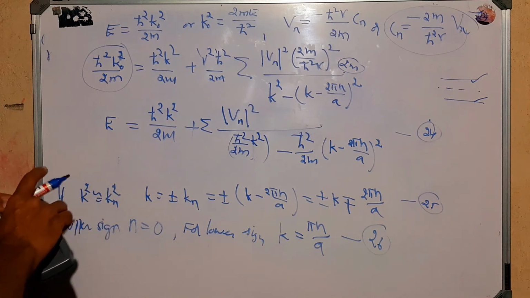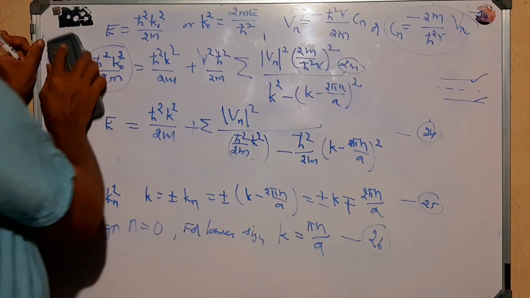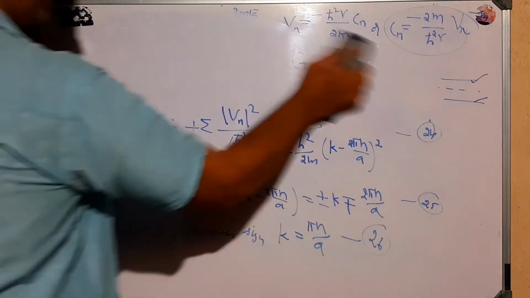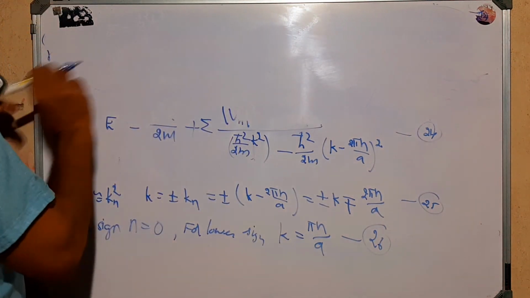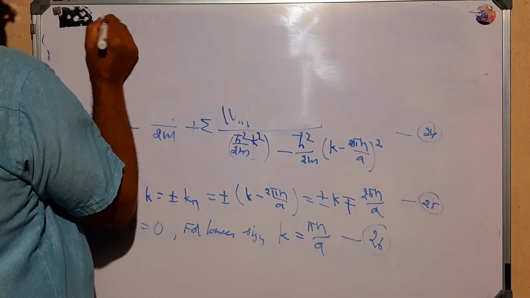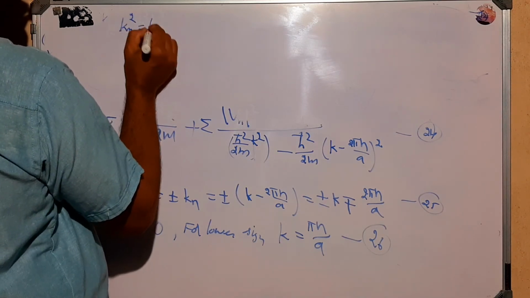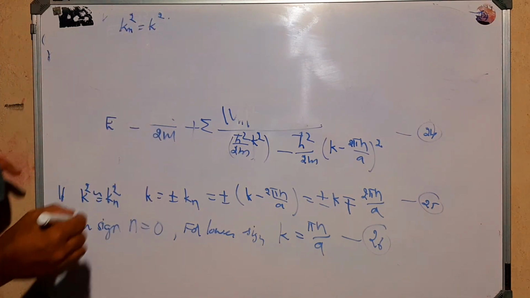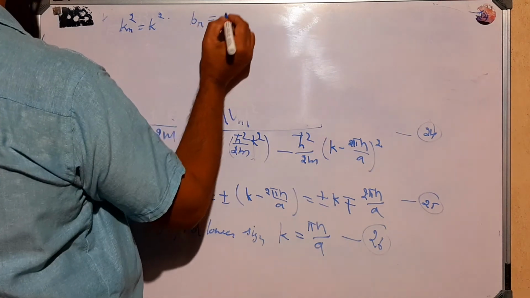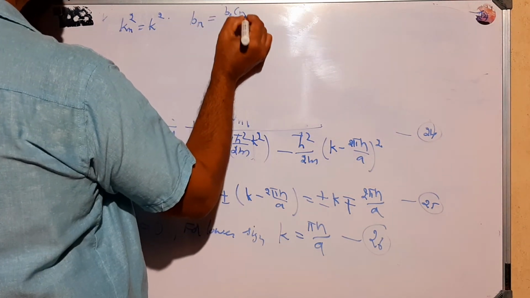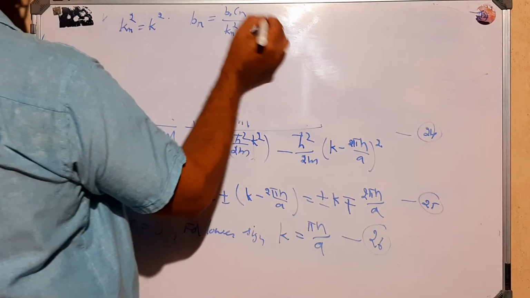Now what will we do from this? You can consider equation number 16. As you know, here we have taken kn square is equal to k square. So in equation number 16, Bn is equal to B naught Cn divided by Kn square minus K square.